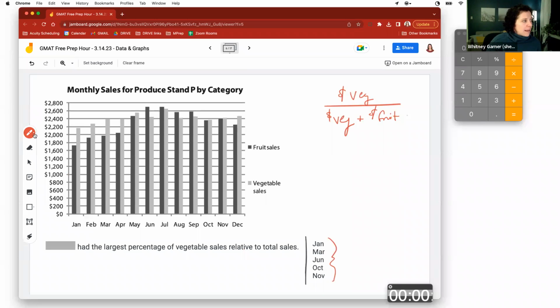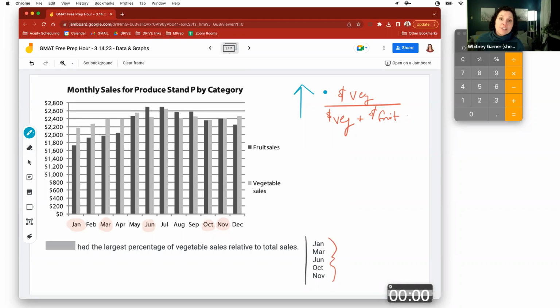So what I know already is that I only care about January, March, June, October, and November. Now let's stop for a minute and think about what we're trying to come up with. I want this fraction to be as big as possible. So if I'm trying to make a fraction big, what would I do to the numerator and or the denominator?